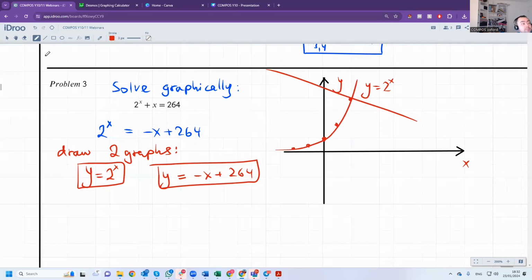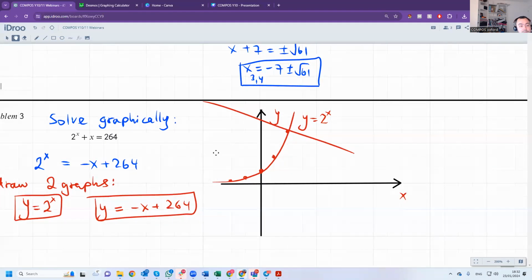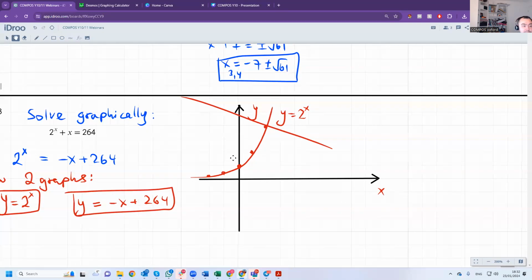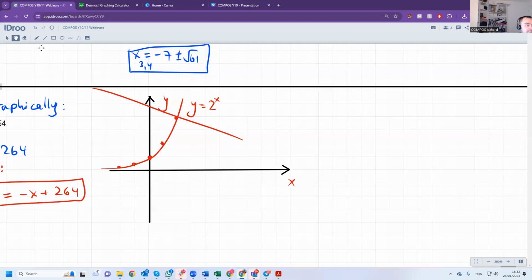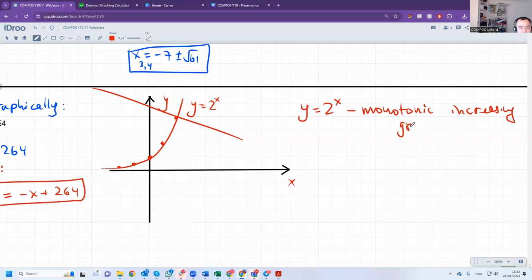Now, if you look at these graphs, you will understand that there can only be one point of intersection. We call this a monotonic graph. So y equals 2 to the power x is a monotonic increasing graph.